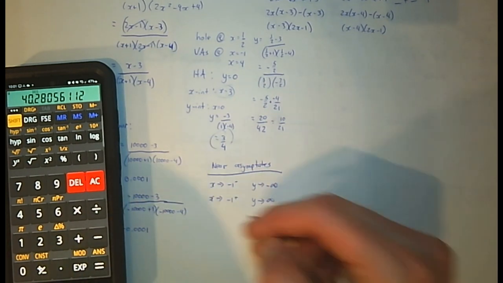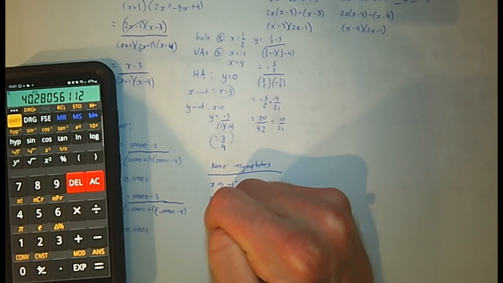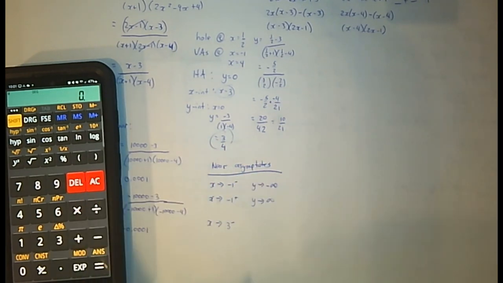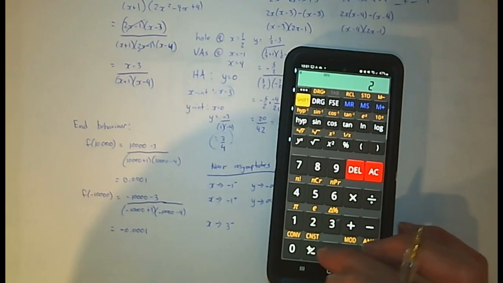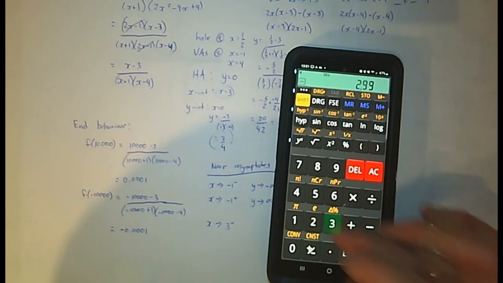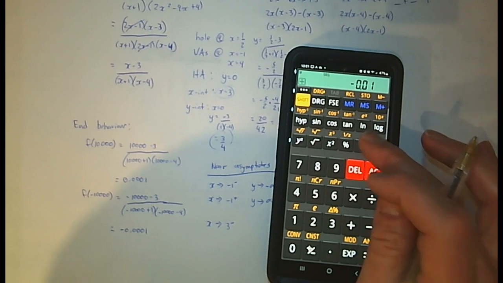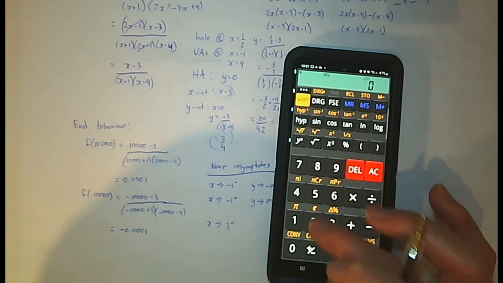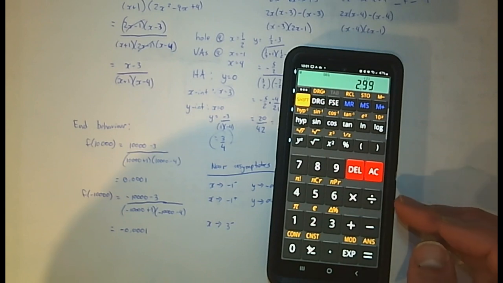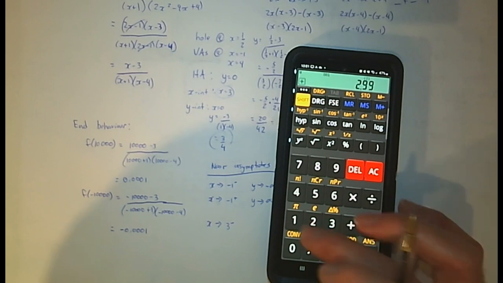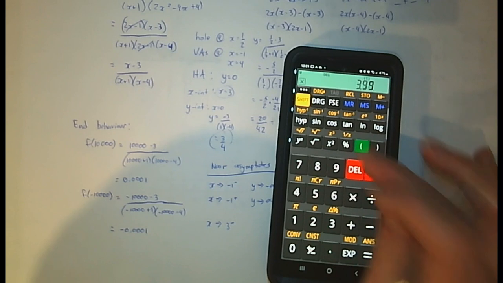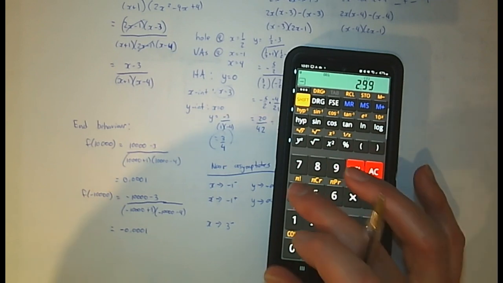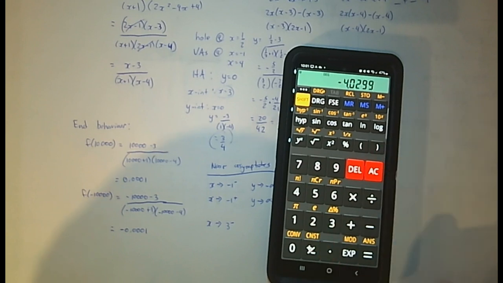And then we do it one more time with the other asymptote. So as x approaches positive 3 from the negative side, we'll use something just smaller than that, like 2.99. So I'll say 2.99 minus 3, that's our numerator, divided by our denominator, which is 2.99 plus 1, that's our first bracket, times our second bracket, 2.99 minus 4, and that's our denominator.